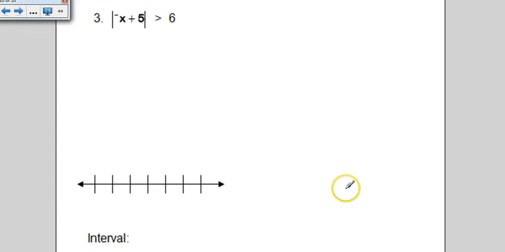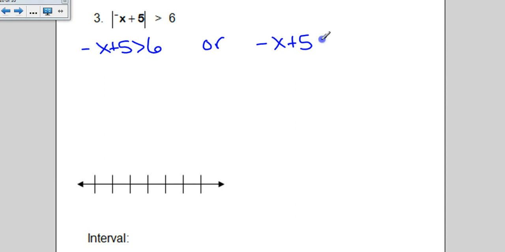And our last example has the absolute value of negative x plus 5 greater than 6. Now remember, you don't ever change what's inside the bars. You only change what's outside of the inequality. So we have negative x plus 5 is greater than 6. Since it's greater than, this is an OR problem. Negative x plus 5, flip the sign, is less than, and then negate the answer, negative 6.